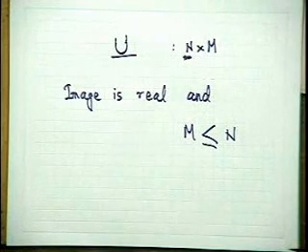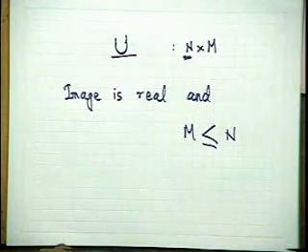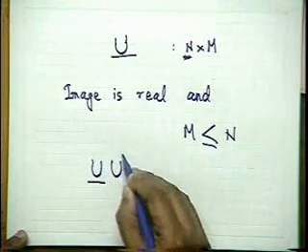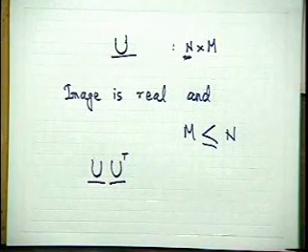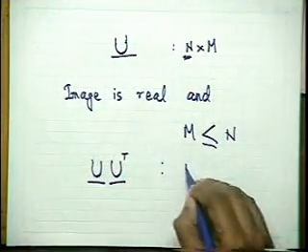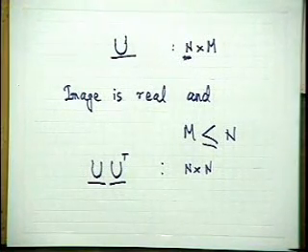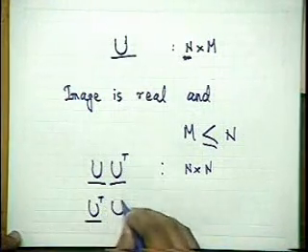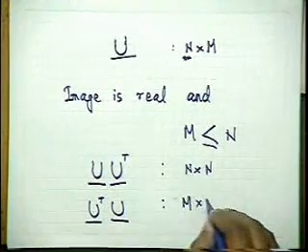Now, I am going to consider two matrices. One matrix is the product U transpose. What is the size of U transpose? N by N. And I am going to consider yet another matrix, which is U transpose U. What is the size of this? m by m.